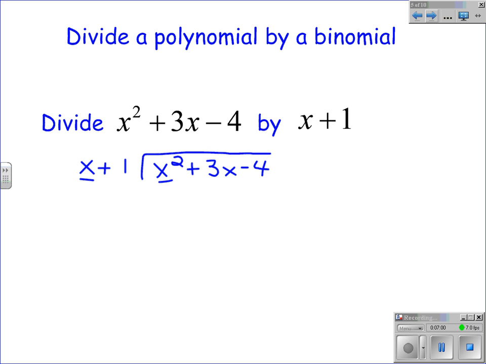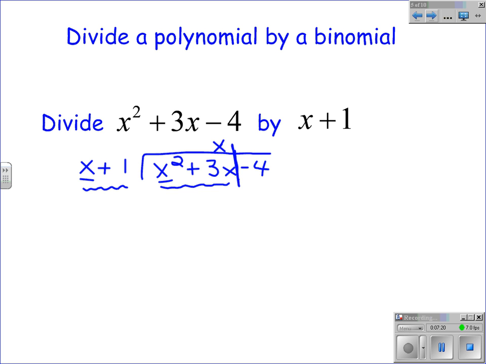What would I multiply it by to get x squared? x times x. So, as always, since I have two terms here, I'm going over to the end of that second term there to write my x up above.